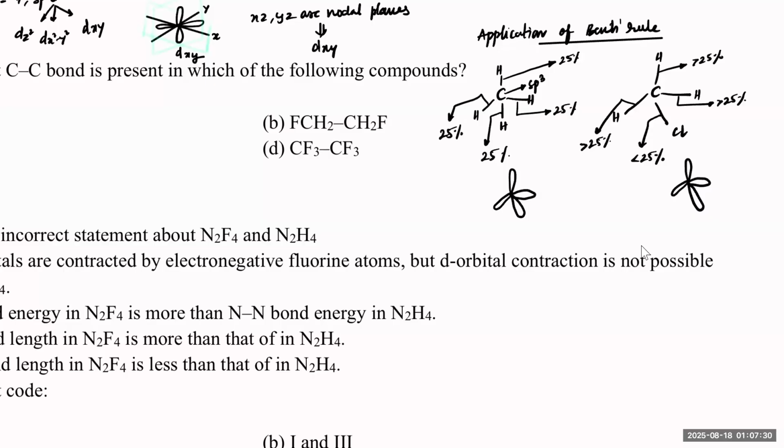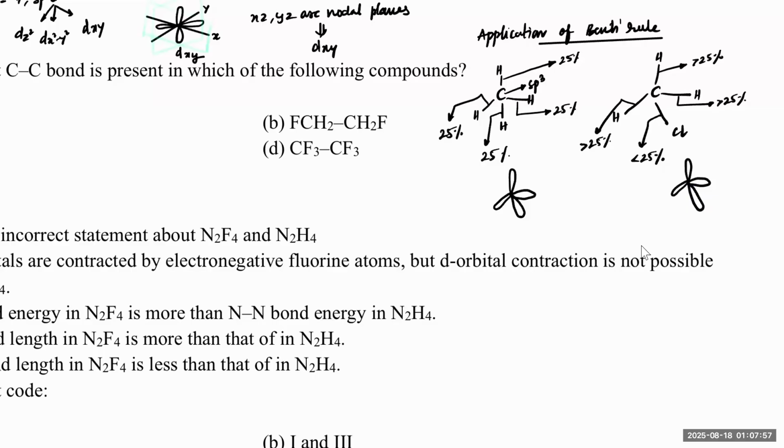What happens to the other three lobes? These three lobes will start gaining more s character and less p character. Since all of them were supposed to be 25%, now the percentage s character will be more in them, and this orbital will have lesser percentage s character and more p character.